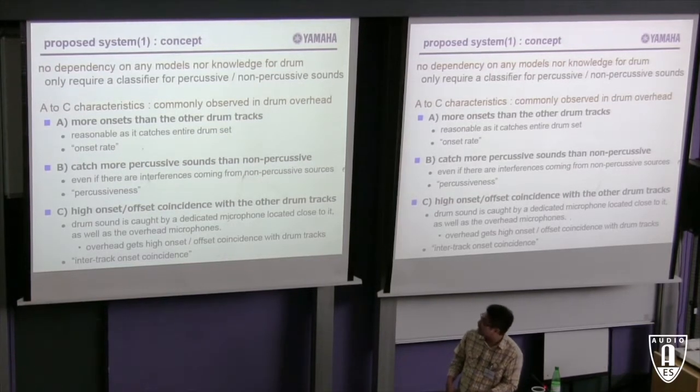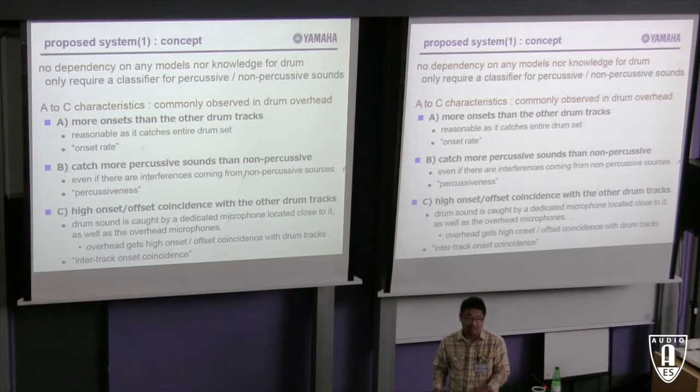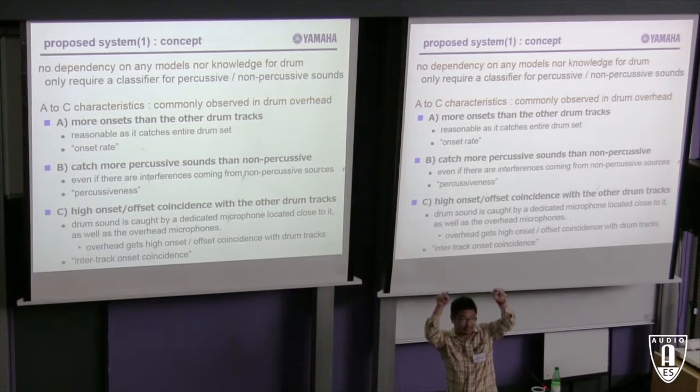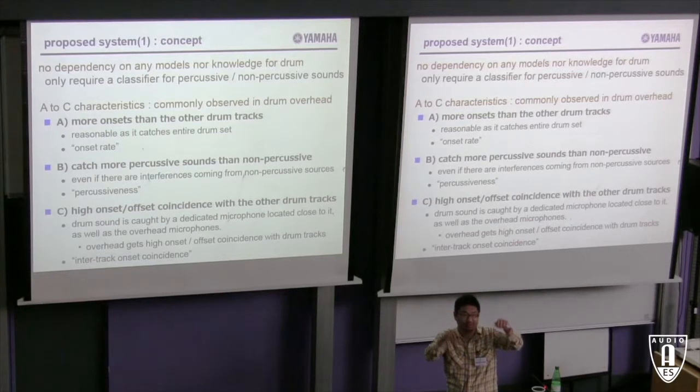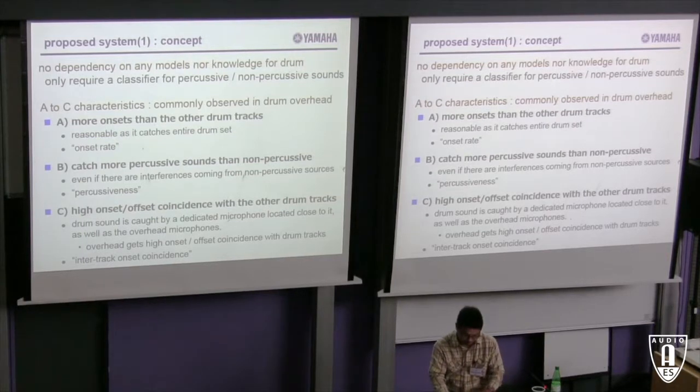And the last one, C: high onset-offset coincidence with the other drum tracks. If a drum is hit, then the sound is caught by a dedicated microphone close to it, as well as overhead. This results in overhead having high onset coincidence with the other drum tracks. This is evaluated by inter-track onset coincidence in my study.